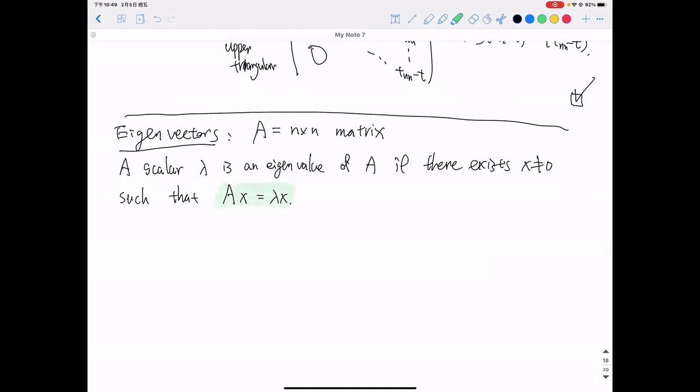And this equation is the key, and such x, not equal to 0 again, is an eigenvector of A with eigenvalue lambda.